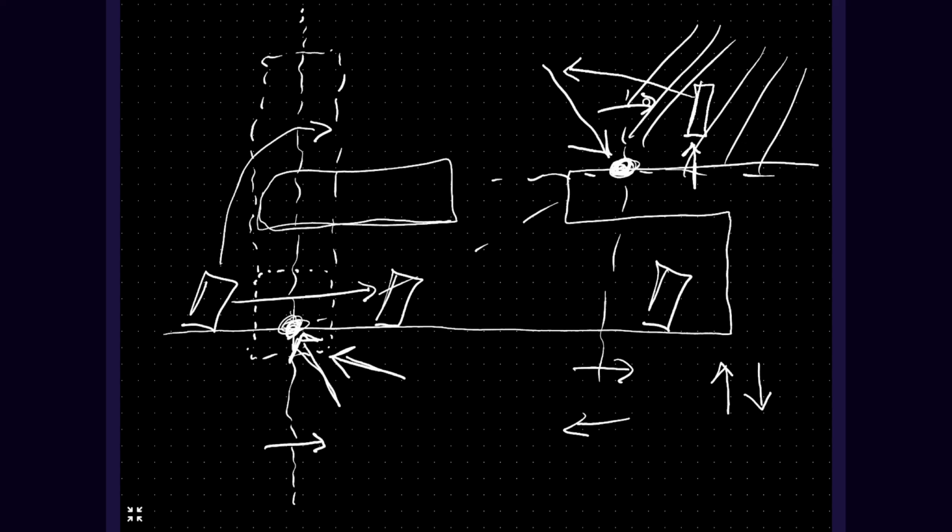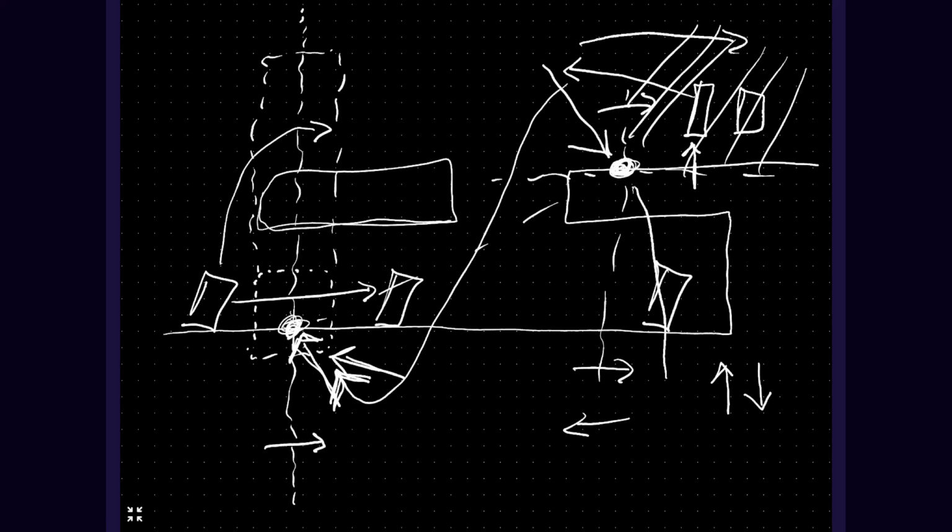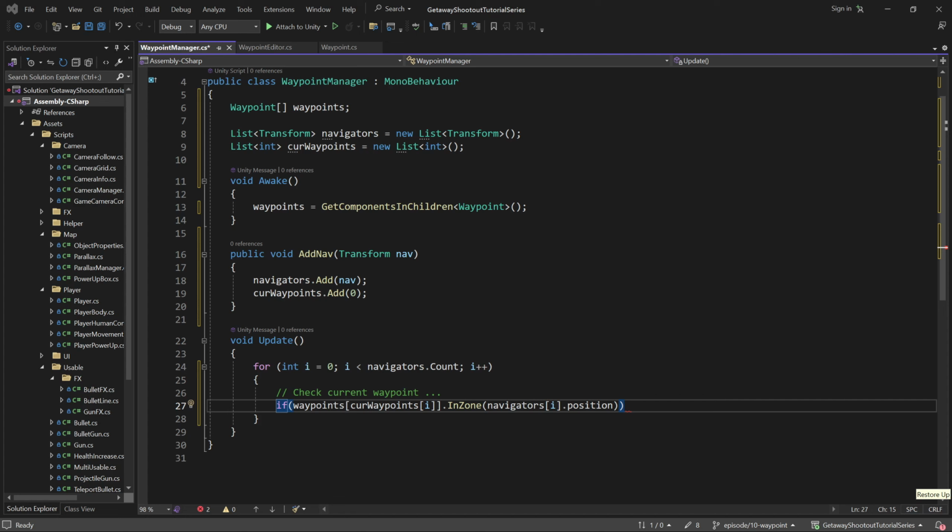Well, we actually want to set the current waypoint all the way back to the waypoint before that waypoint. And only when the player goes back into the zone, we set this one back to the waypoint that we're at. So let's actually implement that.